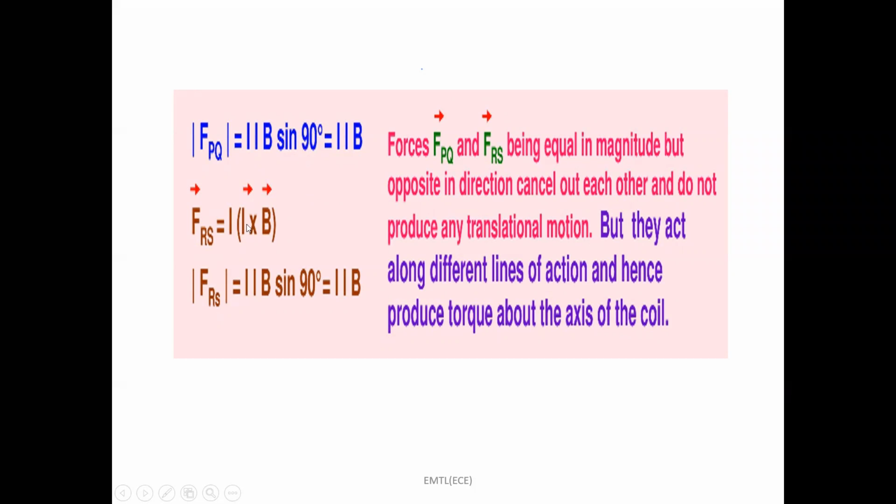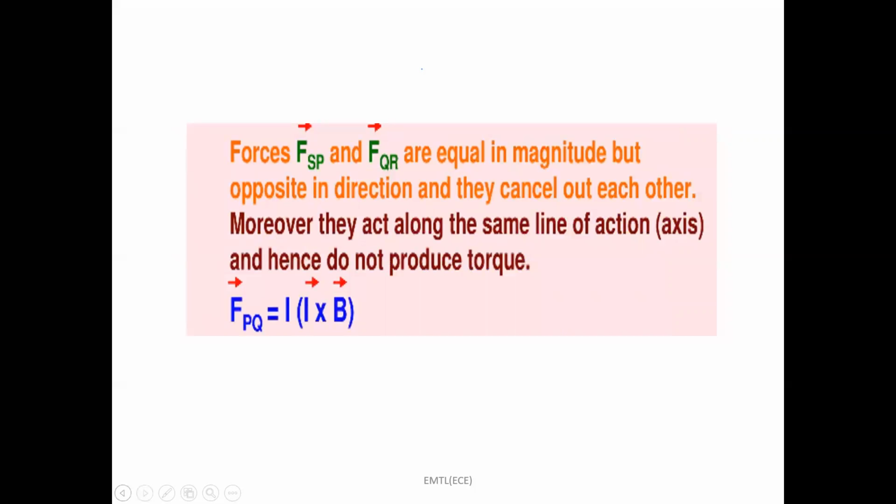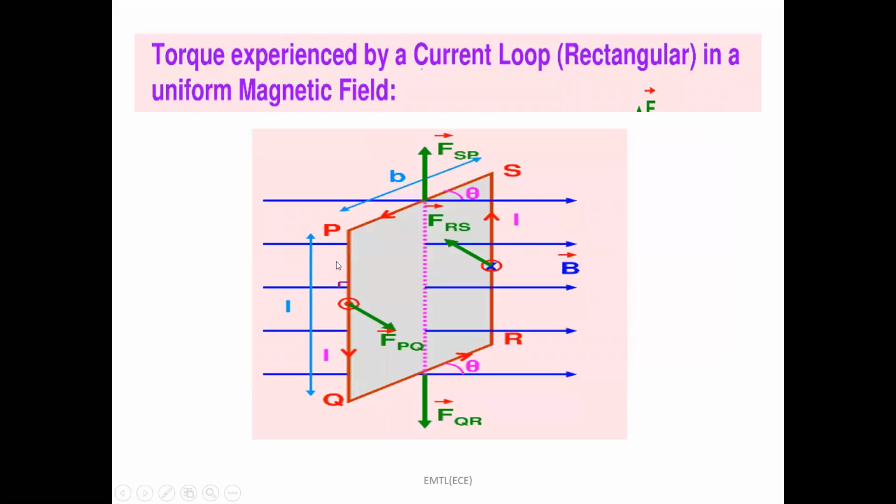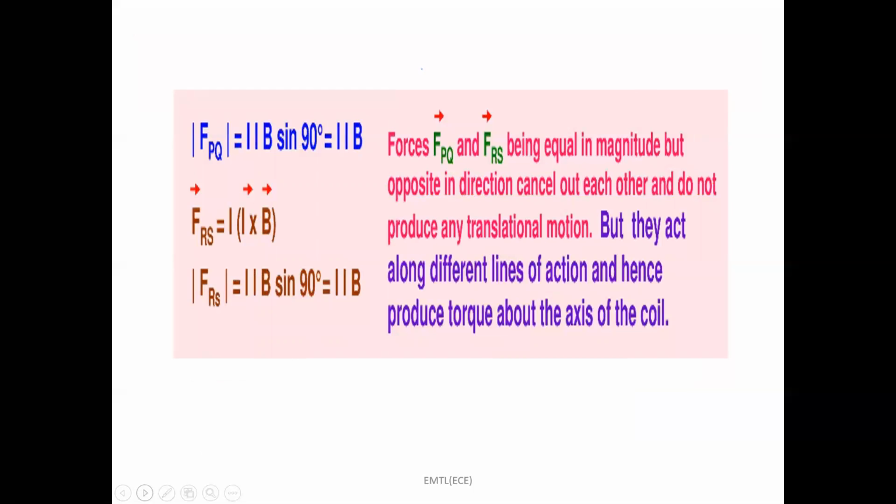The angle between the loop side and the magnetic field is 90 degrees. This is the side and this is the magnetic field. The angle between side PQ and the magnetic field is 90, so on side PQ there exists a maximum force, which is equal to ILB.